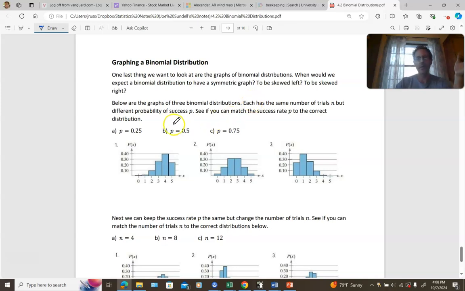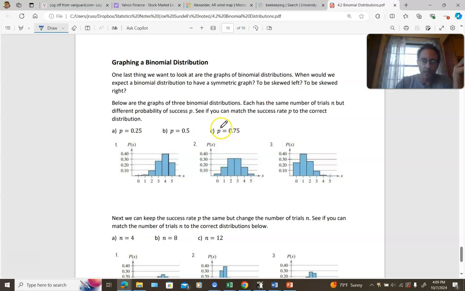So what happens is, depending on the value of a success, or the probability of success, that'll tell you how symmetric the distribution will be, okay? If the value of success is low, you're not going to expect the value of x to take on many of these low numbers if x is counting the number of successes, okay?